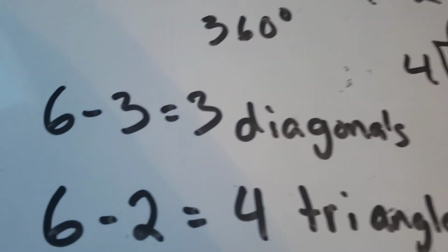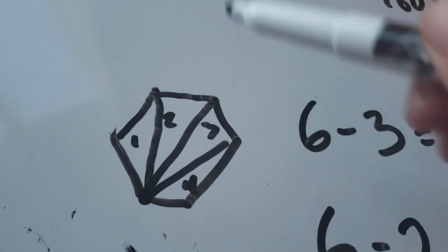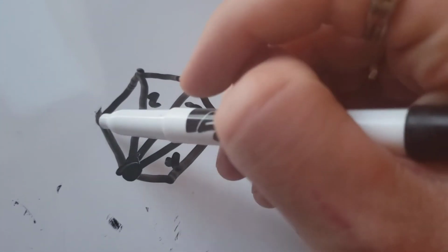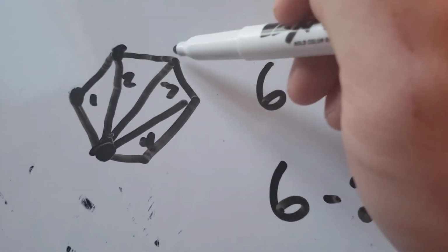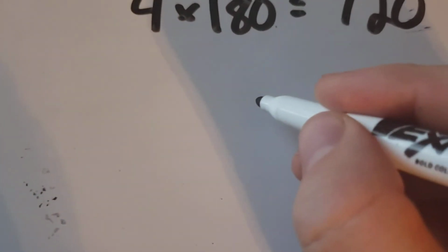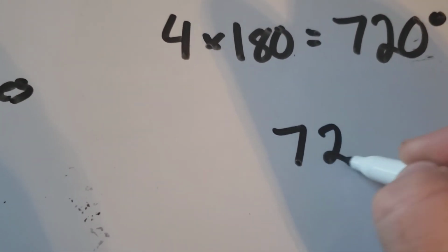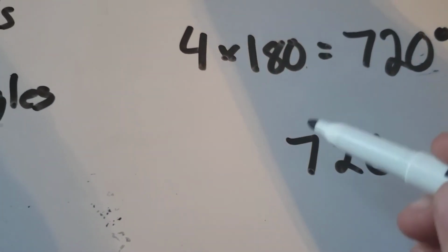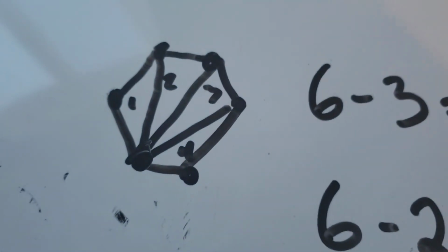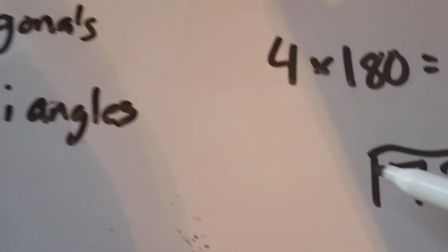Now, how many angles did it take to make 720 degrees? 1, 2, 3, 4, 5, 6. So to find the average of each interior angle, we'd take our total 720 divided by the number of angles, which was 6.